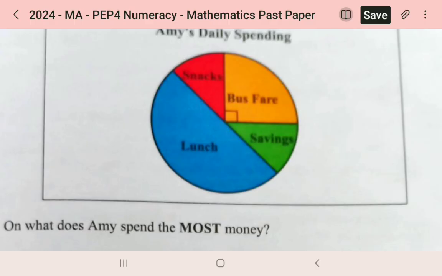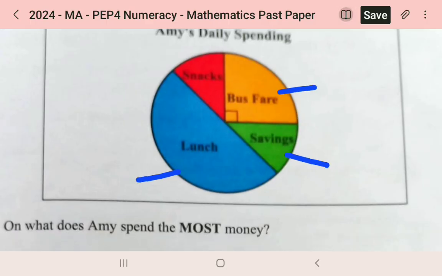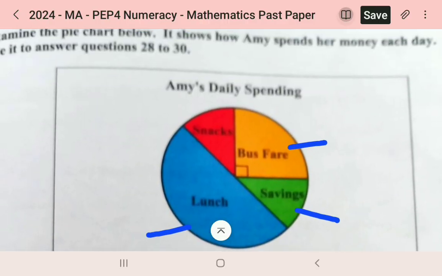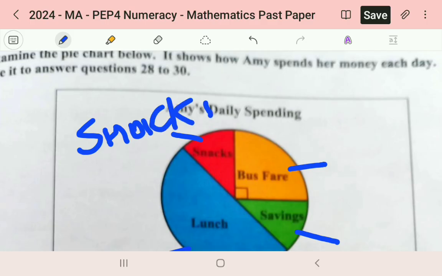It is not so clear, but I'm seeing right here is bus fare. Right here is her savings. Right here is lunch. Up here looks like, what's that? My glasses. Let's look at the options below, then we'll know what's there. Alright, so it's snack. So bus fare, lunch, savings, snack. So right here is her snack. The others are clear.